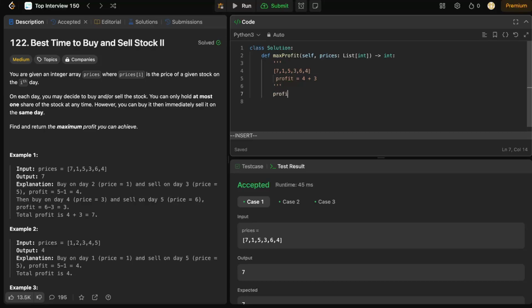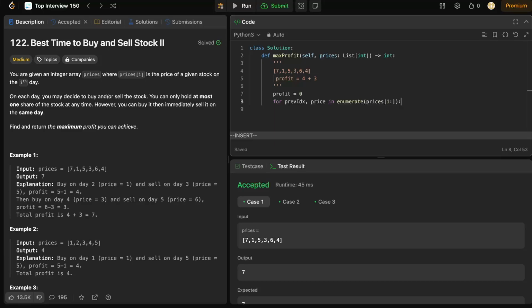So we can implement this. We can create a profit variable. Initial profit would be 0. We could enumerate through the prices, so we can do for price in prices. Since we want to compare the adjacent indices, we could have a previous index variable and enumerate through prices.